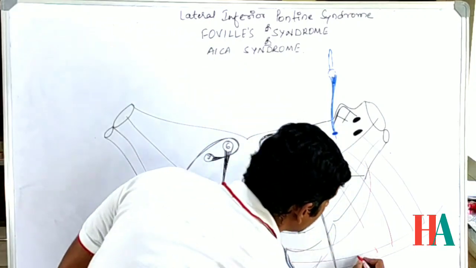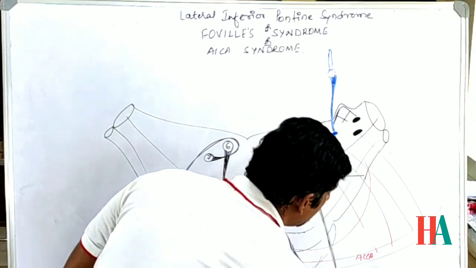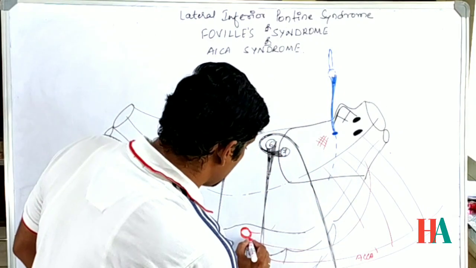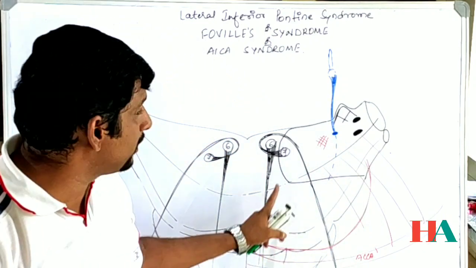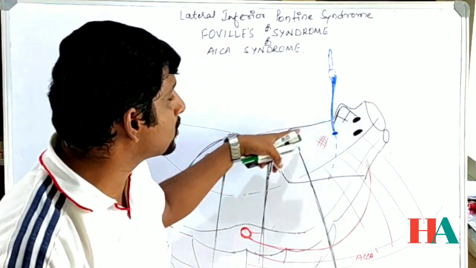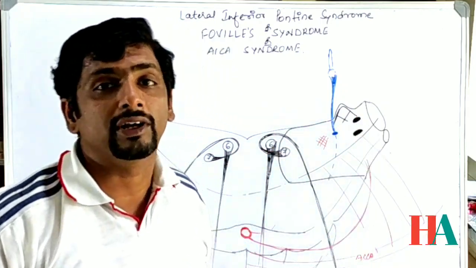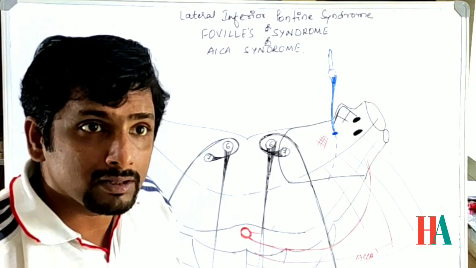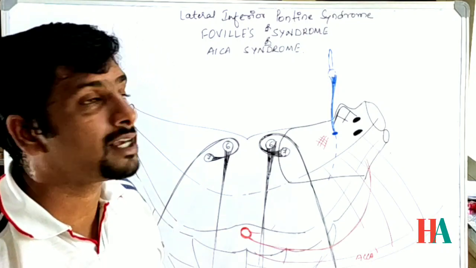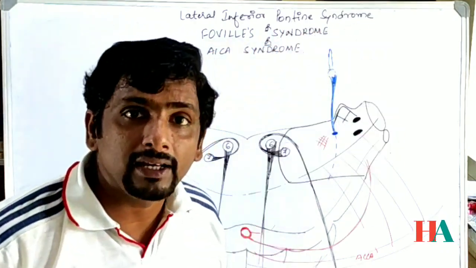So AICA branches and the long circumferential branches of pontine arteries are going to get occluded, and this much portion of the lateral part of the pons is going to be hampered, and due to that certain symptoms are going to be produced, collectively called lateral inferior pontine syndrome.